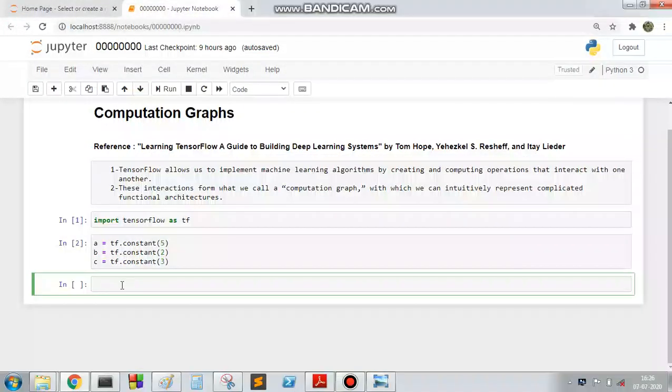Now let's create the nodes D and E. What is D?